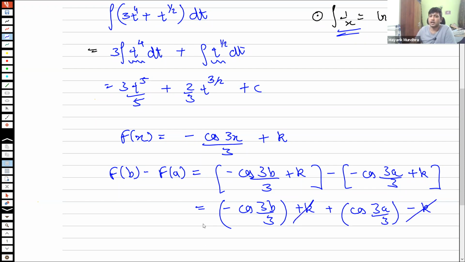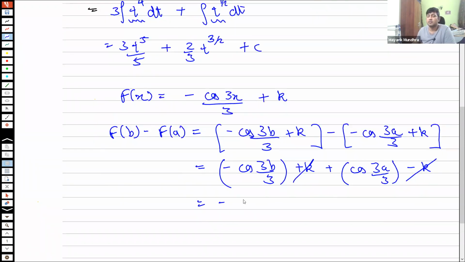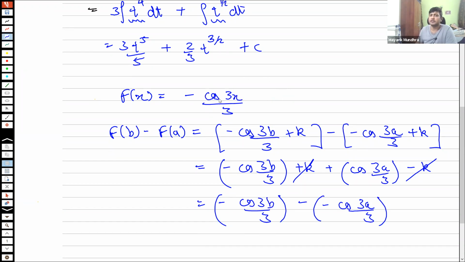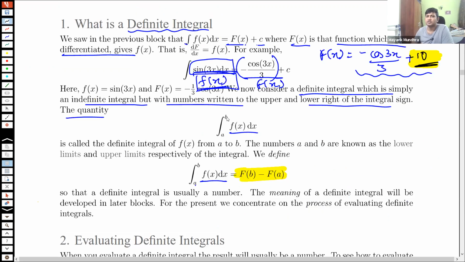So the k cancels out, and what I'm left with is minus cos 3b by 3 plus cos 3a by 3, which would have been the same result had I taken F of x as this one. So the constant cancels out in a definite integral. So the value of the constant is completely redundant in a definite integral.